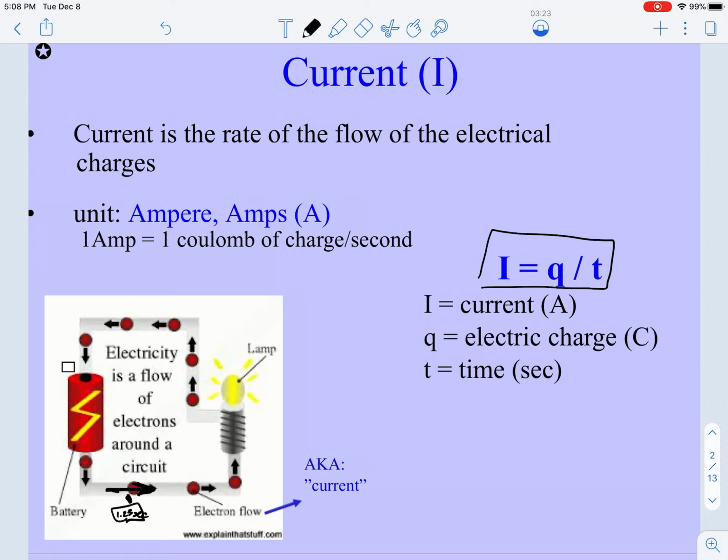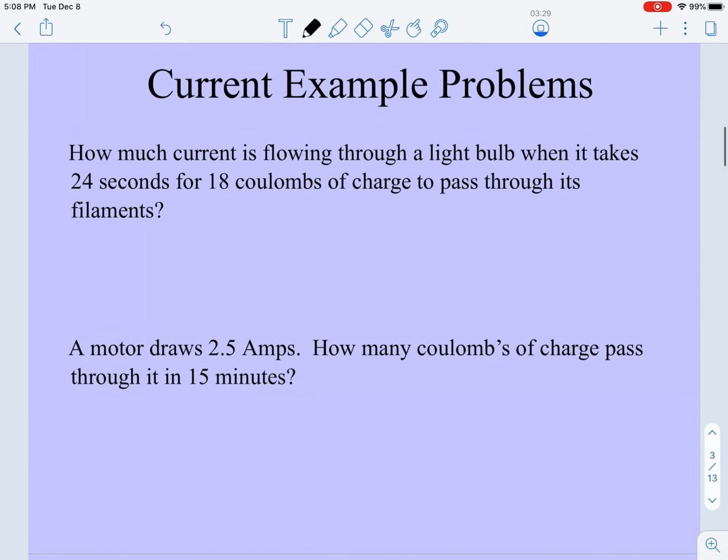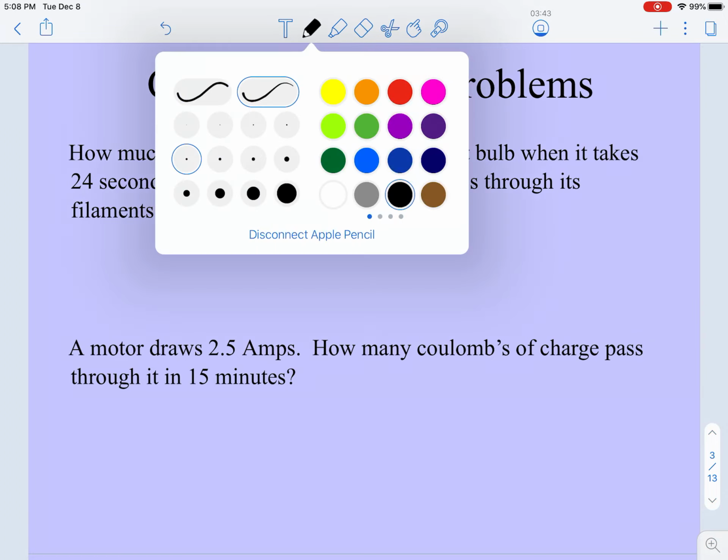The phrase rate means that we are timing something, we are dividing by time. So current is the rate of electrical flow, how much time it takes for that electrical charge to pass by. We have a couple of example problems here for calculating current.